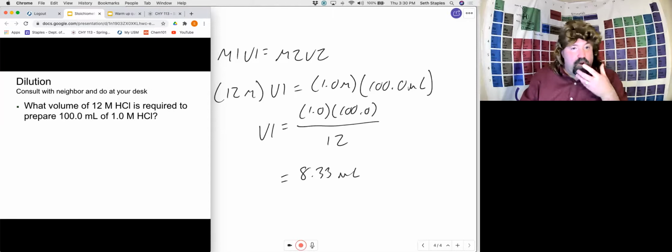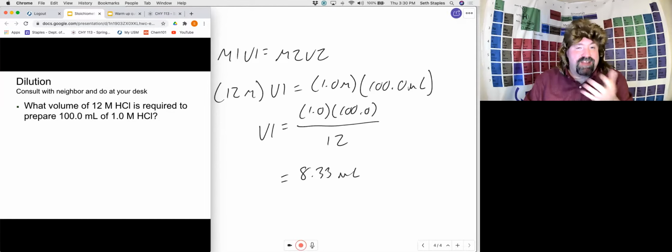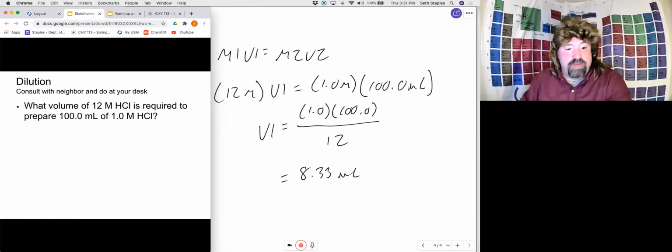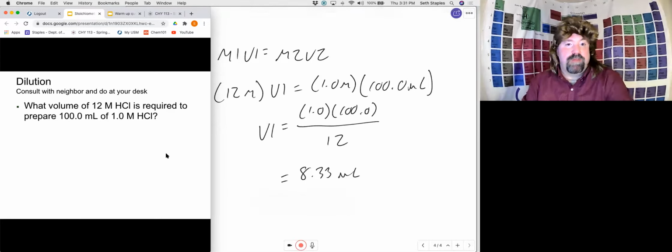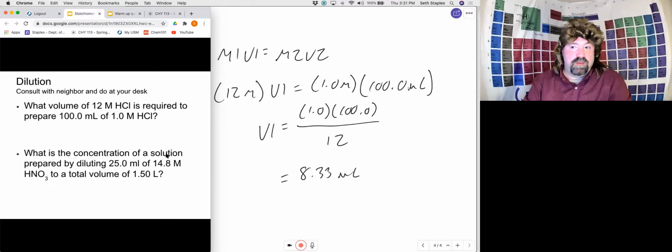So in order to make the solution, I'm going to take 8.33 milliliters of 12 molar HCl and add that into a 100 milliliter volumetric flask. I'm then going to add enough water until I get up to my total volume of 100 milliliters. And that's how I would have made the solution.